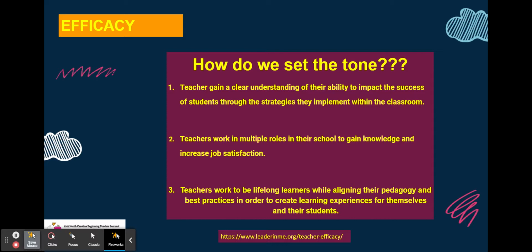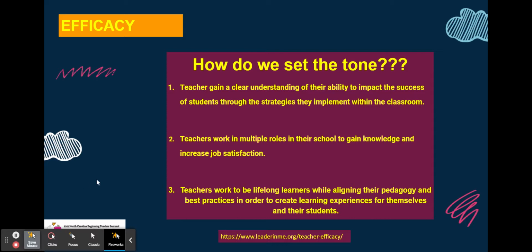So having a clear understanding of your ability to impact the success of students based on the strategies that you implement in the classroom and in your lessons. You think about setting student expectations and communicating with parents so that they are aware of what you expect of your students. And then not only that, taking your school's mission and vision and embodying that in your classroom really creates that success and helps students to really understand what you expect out of them.